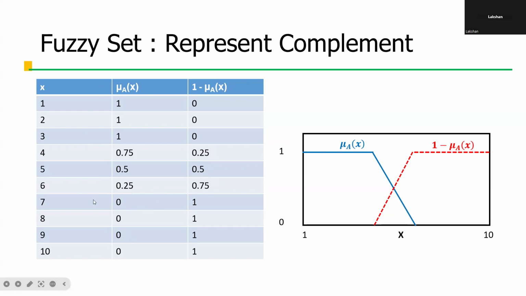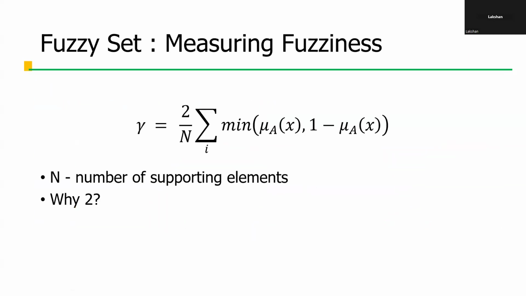Likewise, the minimum value from these two numbers is taken to the sum. Then we will take 2 over n, or the average. We will calculate the average value and multiply it by 2 for the fuzzy set.